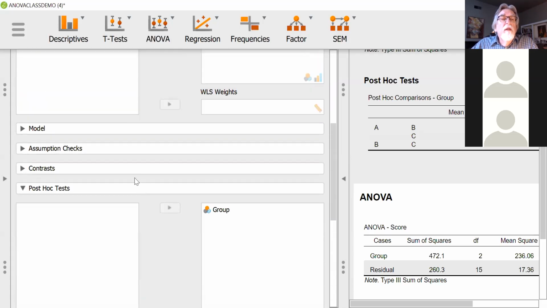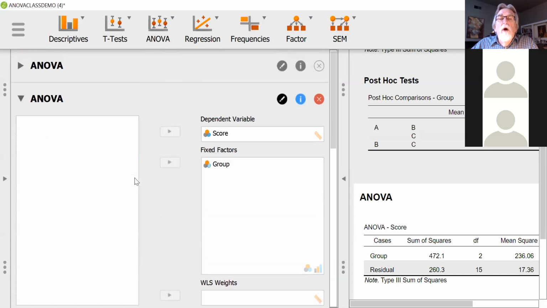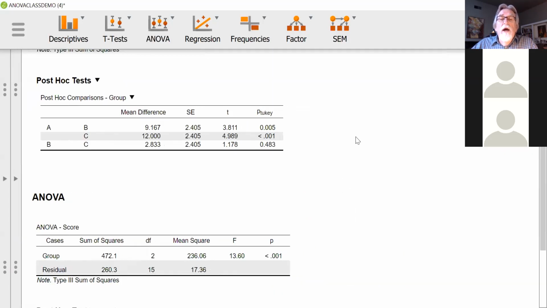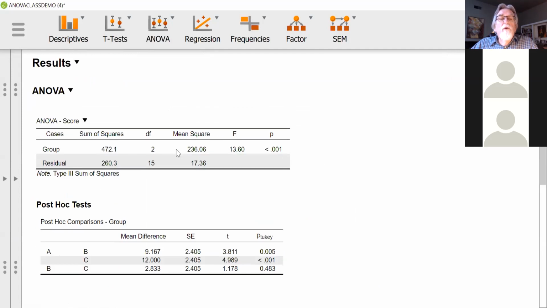And run that analysis. And so I end up with this outcome. Now, for the ANOVA, let me grab a marker here.